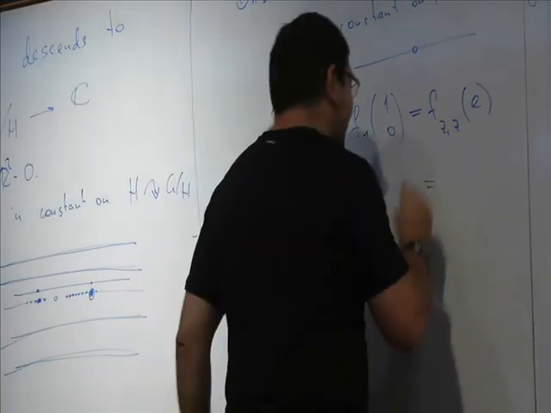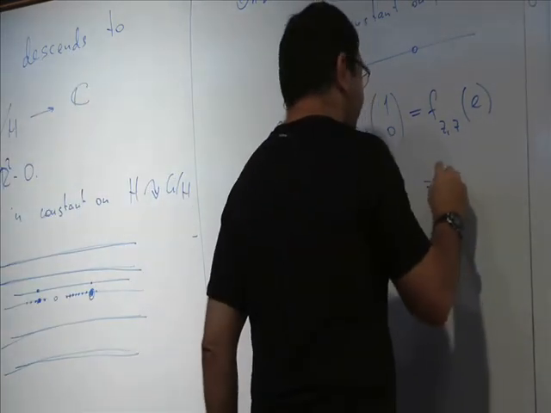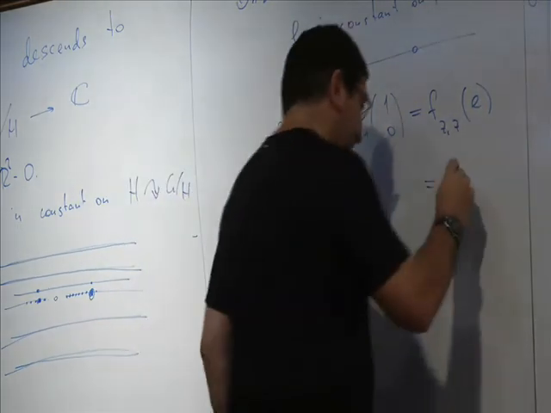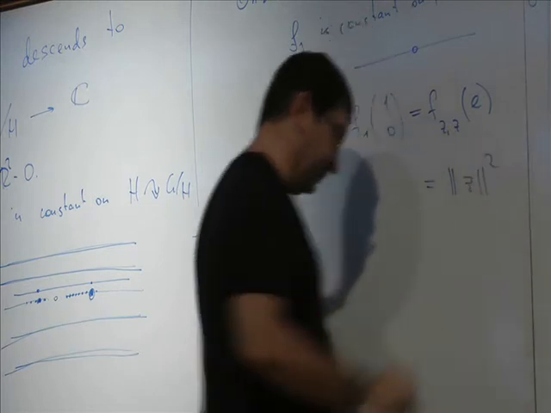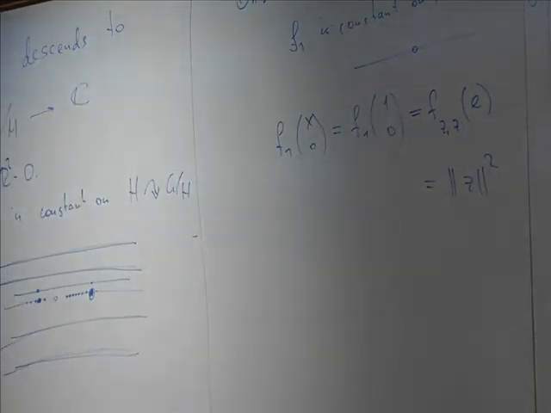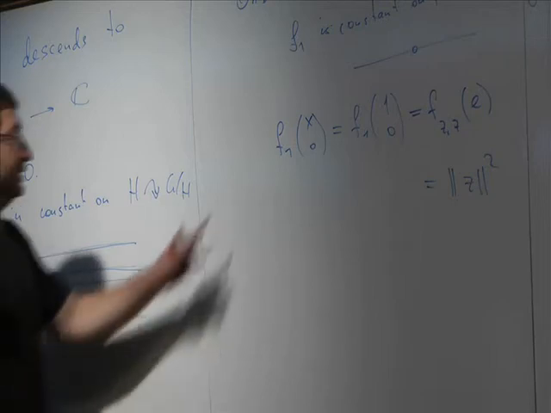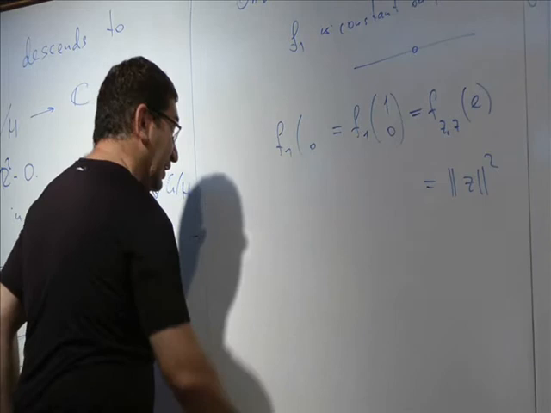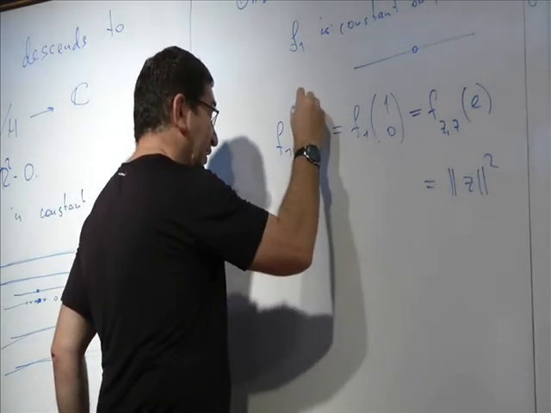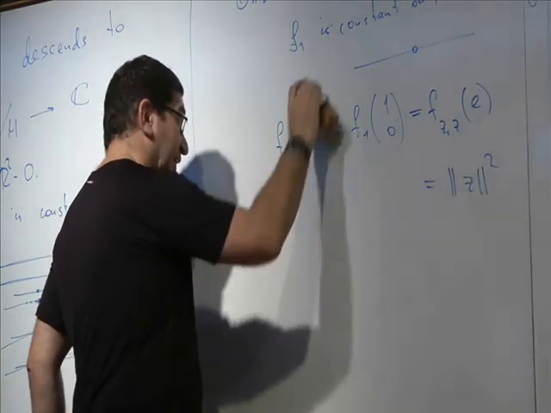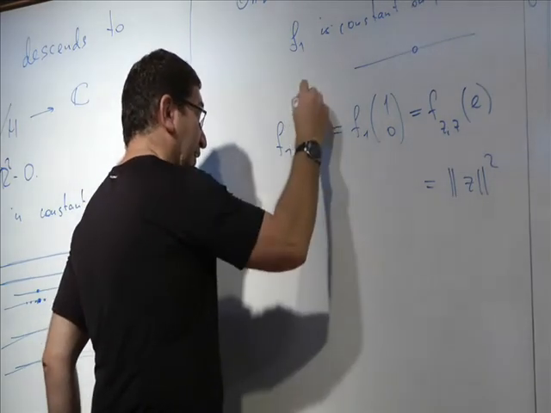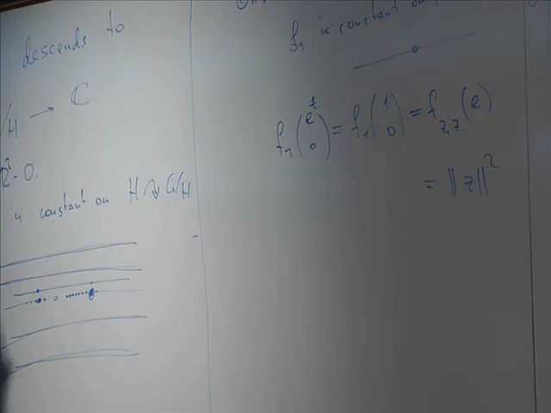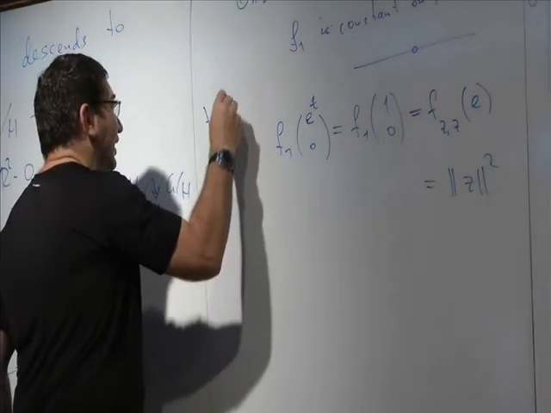And this is precisely the dot product of pi identity z with z. This is the length of z squared. This is going to be true for every x. In particular, if I write here e to the t, this is also going to be true. Okay, so for every t in R, I have that.